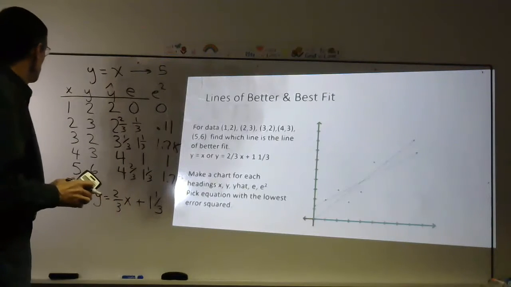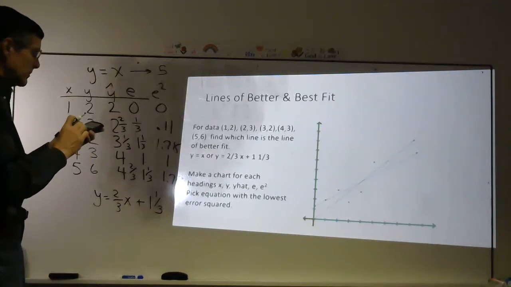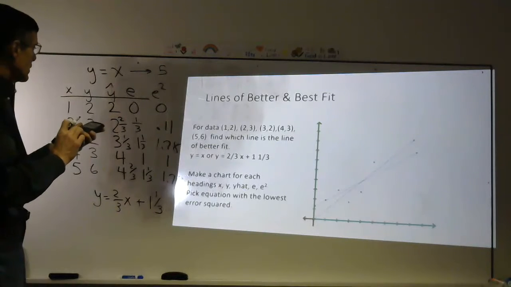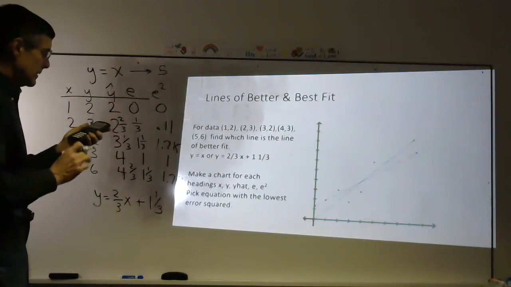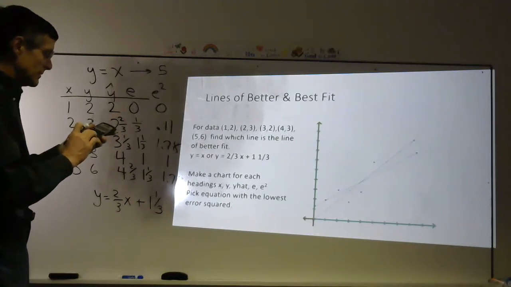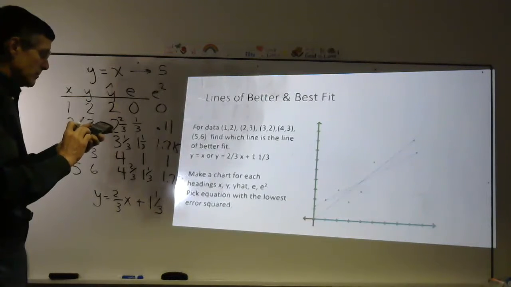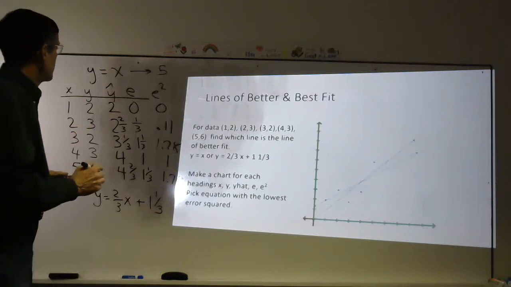Okay, so we've got to add those all up. So I have 1.78 twice plus 1 plus 0.11. And I get, do that again, 1.78 twice plus 0.11 plus 1, and I get 4.67.